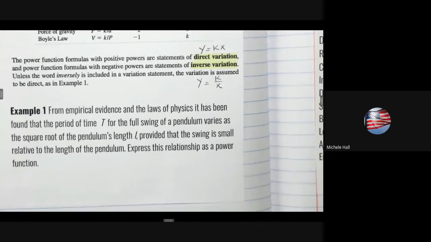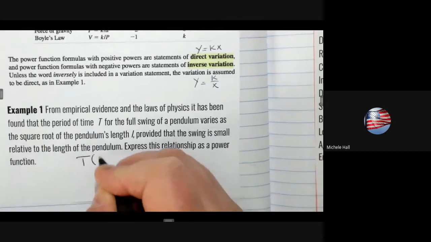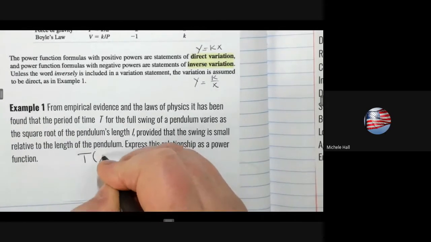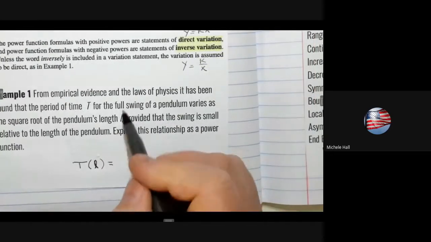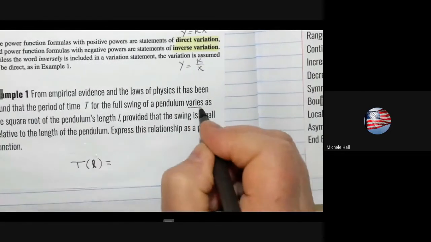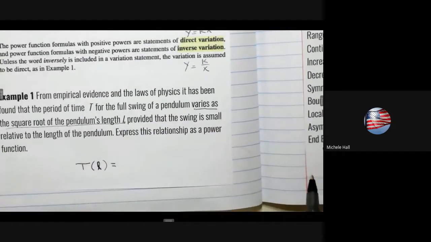So T is a function of L, time is a function of the length of the pendulum. And let's see, it varies as the square root of the pendulum's length.